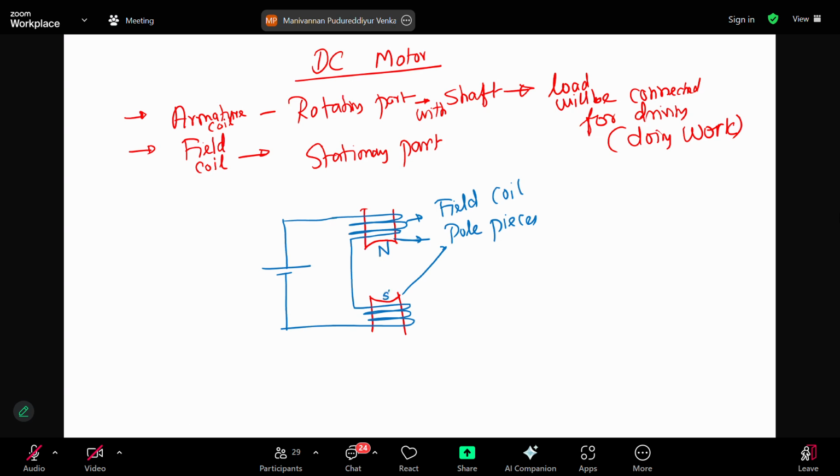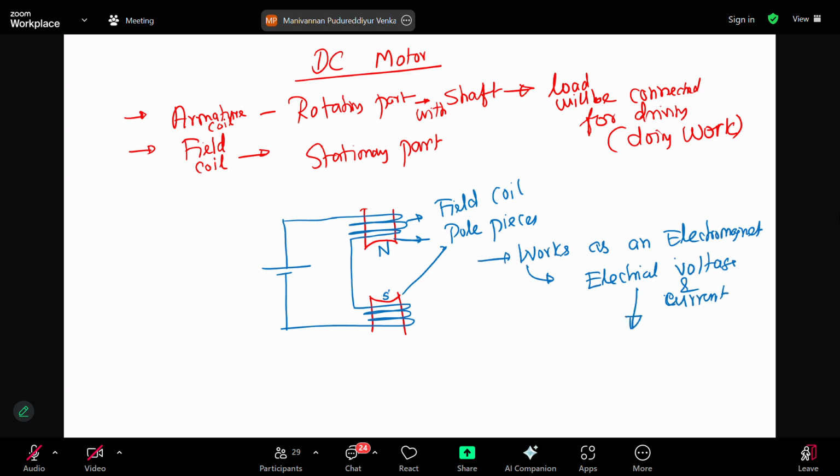And this field coil works as an electromagnet. That means it requires electrical voltage, which in turn produces electrical current.